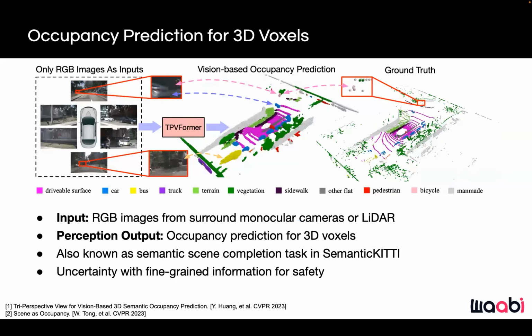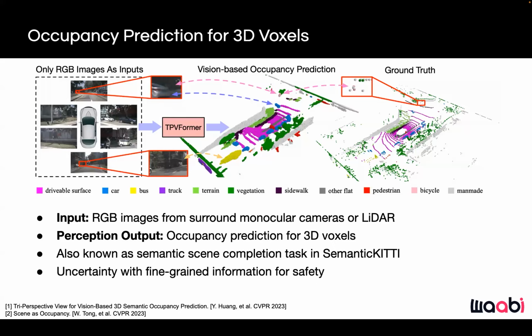Recently, 3D occupancy prediction has gained people's attention. The input can be RGB images from the surrounding monocular cameras or sparse LiDAR point clouds, and the expected model output is a much denser occupancy prediction for 3D voxels. The occupancy predictions may contain semantic information with a fine-grained class definition, or could simply be an occupied, non-occupied binary classification.